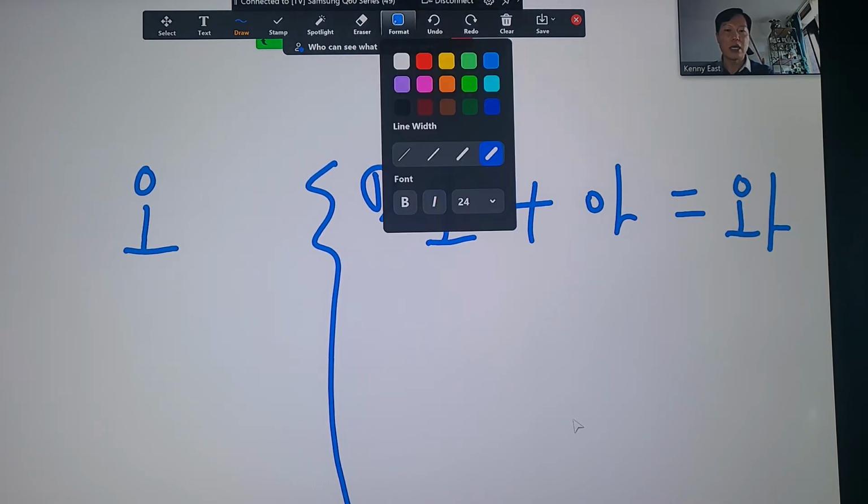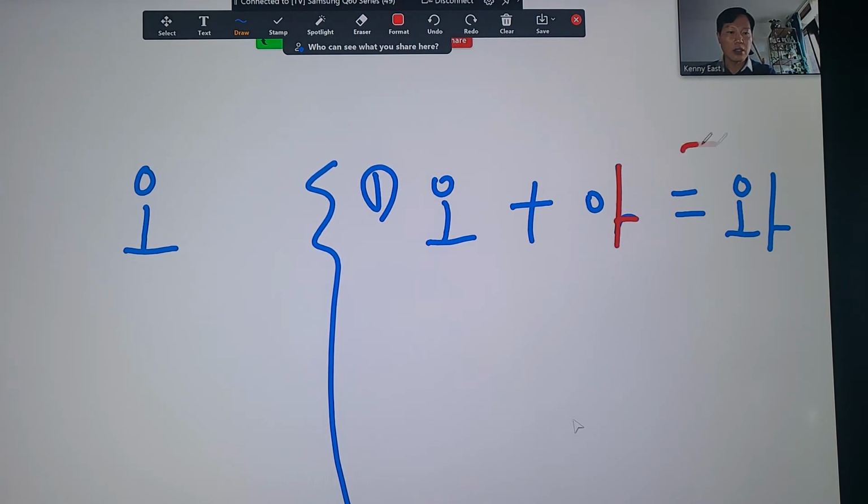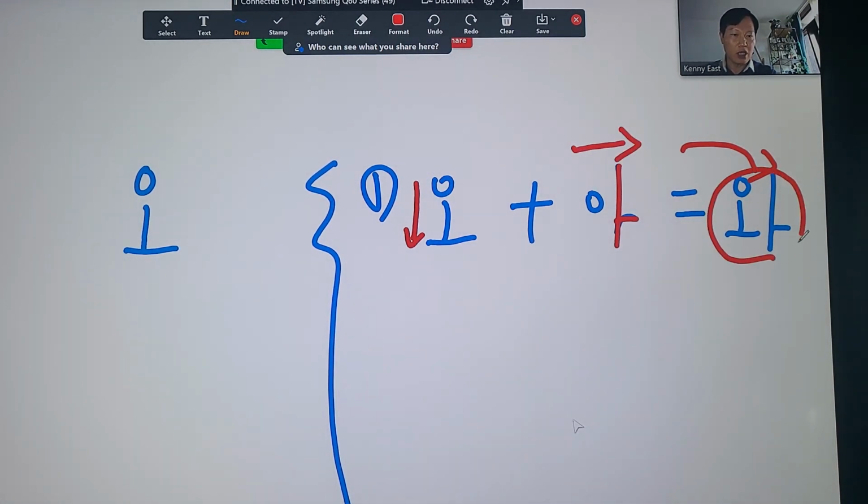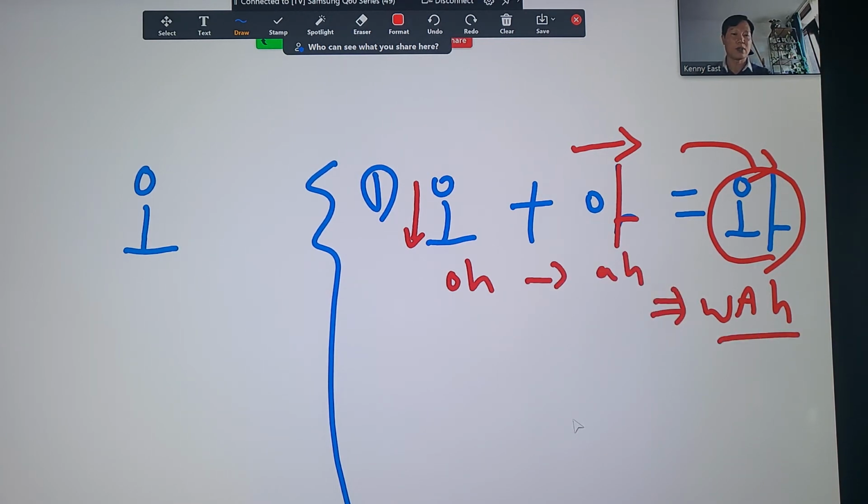As you can see, this stick went to the right hand side. This one is written top to bottom, this one is written left to right, and you combine them together here. So the pronunciation is the 와 sound. So O plus 아 making 와 sound.